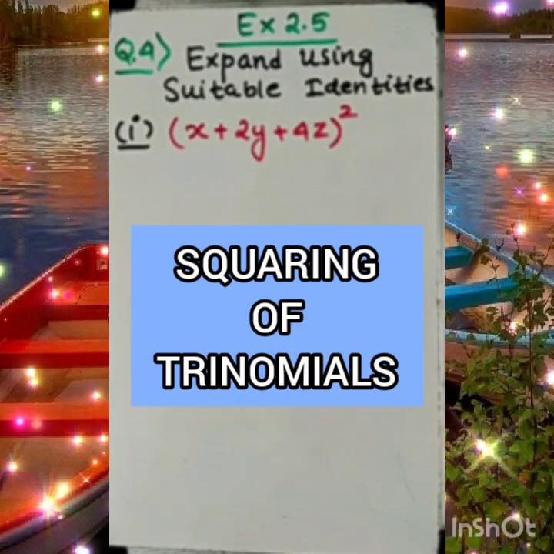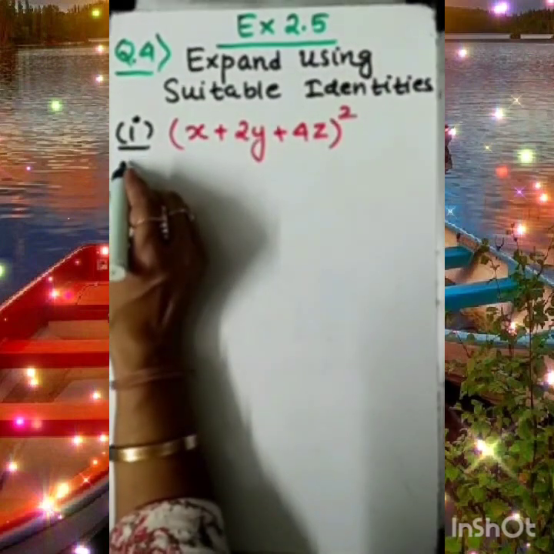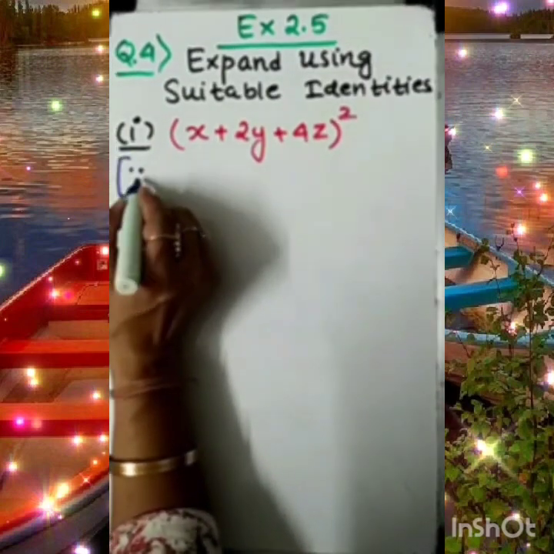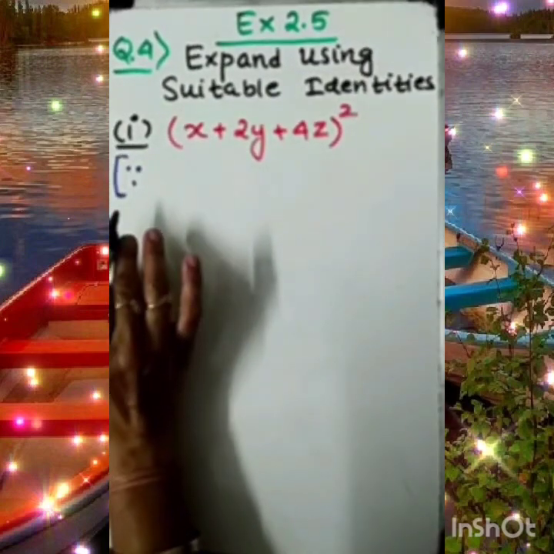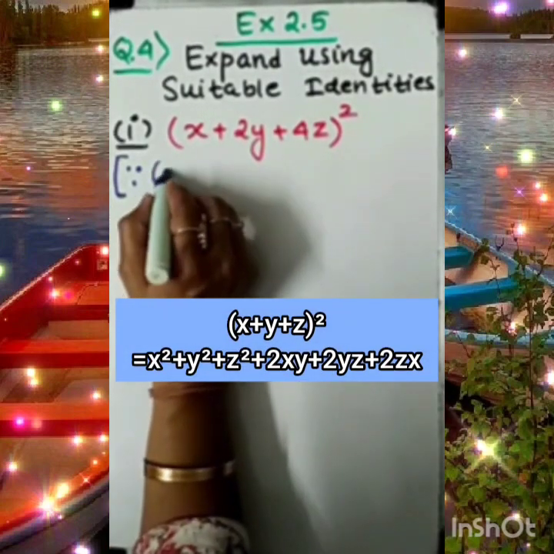Now, what is the squaring of a trinomial? For that, which identity do we have to use? As you are learning this identity for the first time, I am going to mention it here, but we will not apply it again and again.